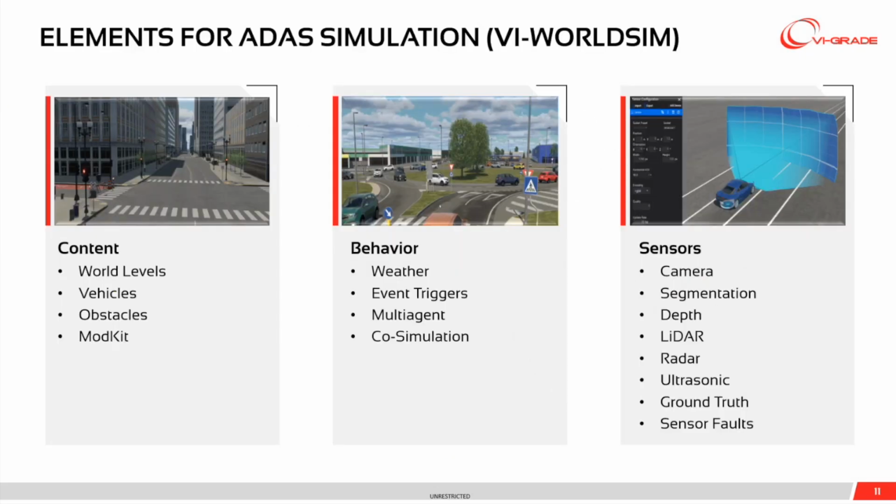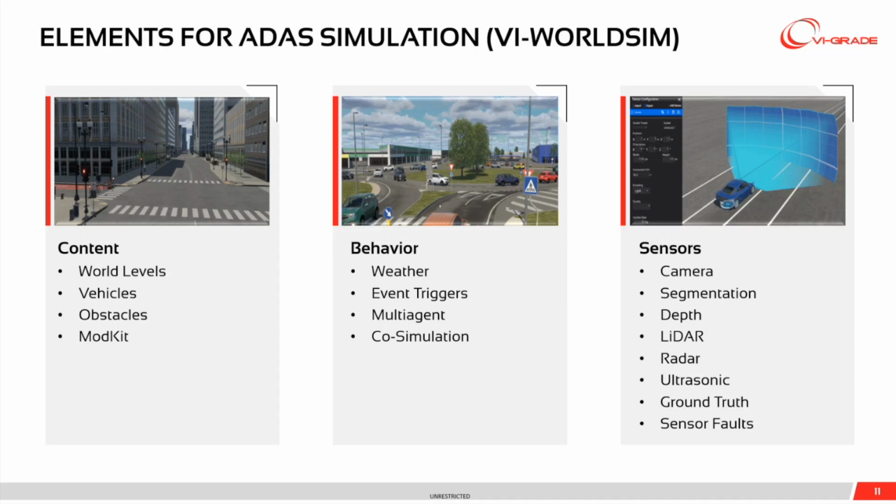So in order to simulate ADAS, I've always said you need three things. One is content. You need worlds to drive in. You need vehicles to place in the scene that cover a vast majority of the vehicles you see in the real world. You need obstacles. You need the ability to create new content so that you've always got updated environments in order to validate your edge cases on.